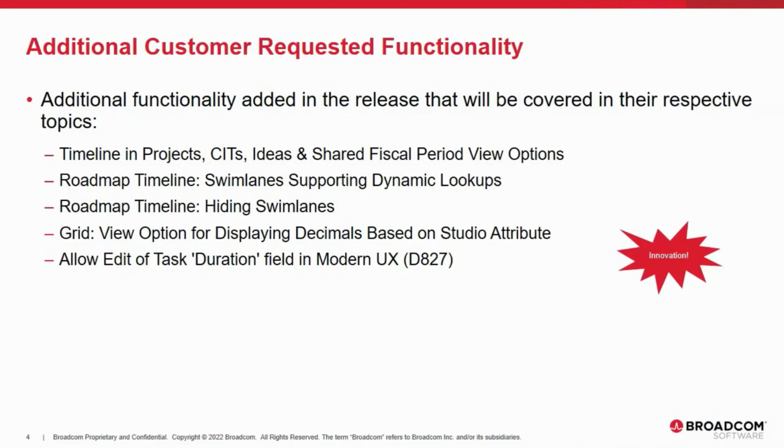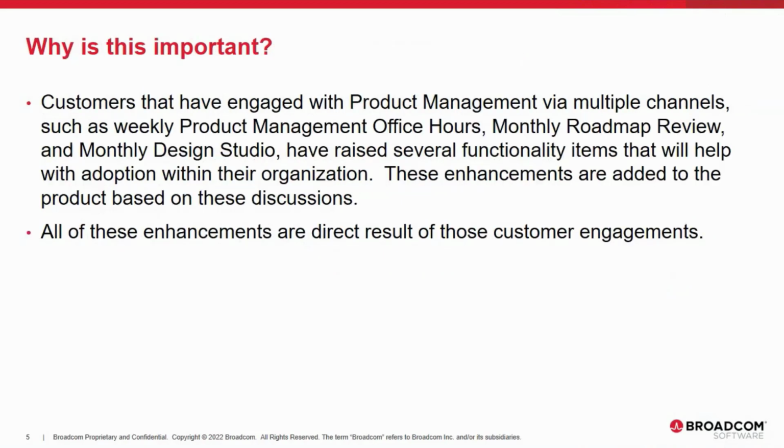The reason this is important is because our customers engage directly with the product management team via multiple channels, such as the weekly product management office hours. That weekly office hours drives the majority of our quick win items.